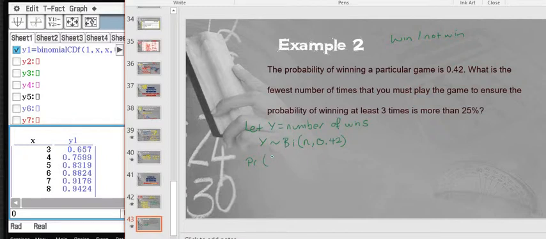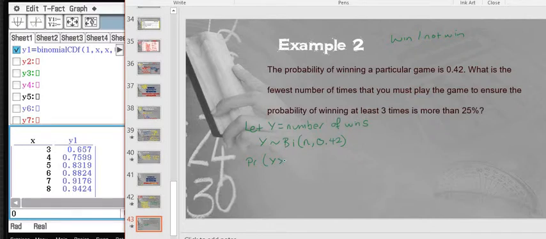Then we set up our equation. We want to find the probability that y, what is the fewest number of times you must play the game to ensure the probability of winning at least 3 times. Okay, so at least 3 times.